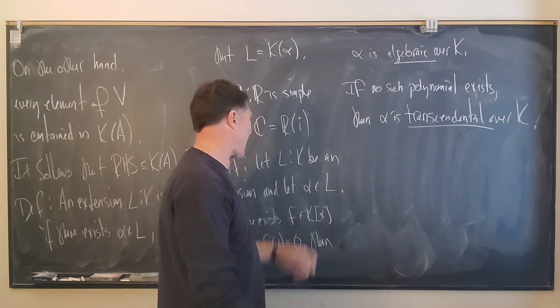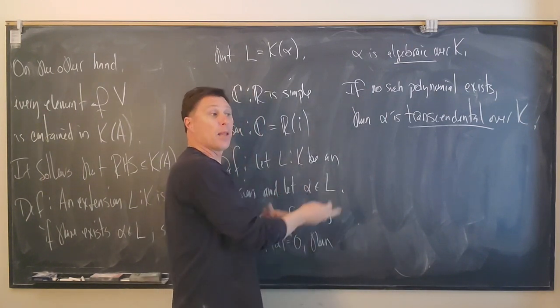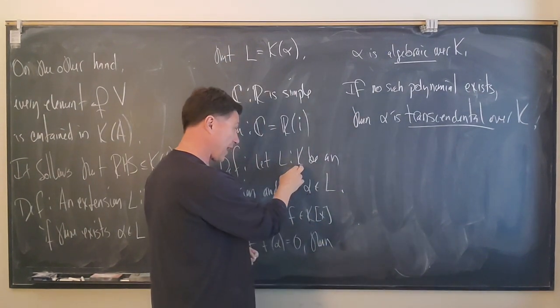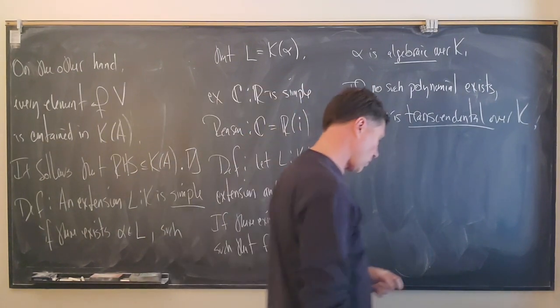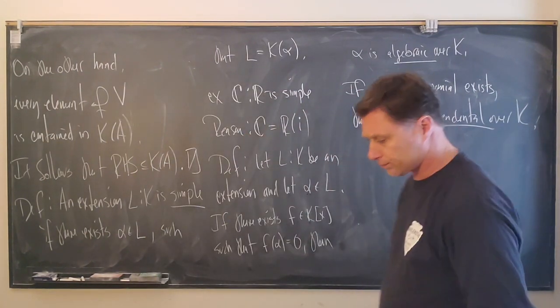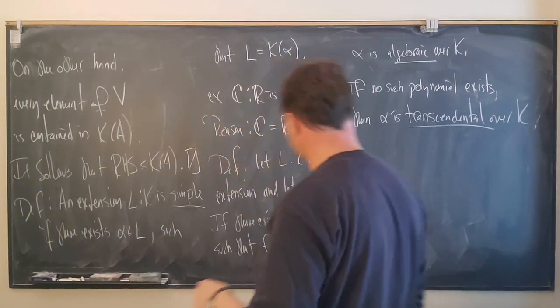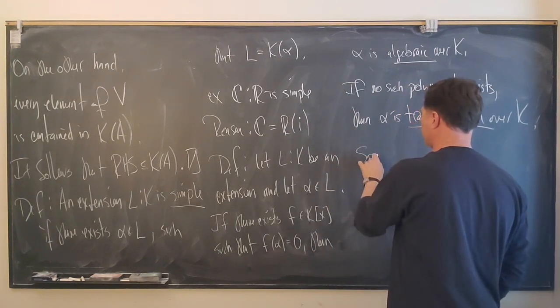You could have an element alpha, and depending on which K you're thinking about, the element may be algebraic, it may be transcendental, depending on the choice of K. Now, there is one special case. So a special case.